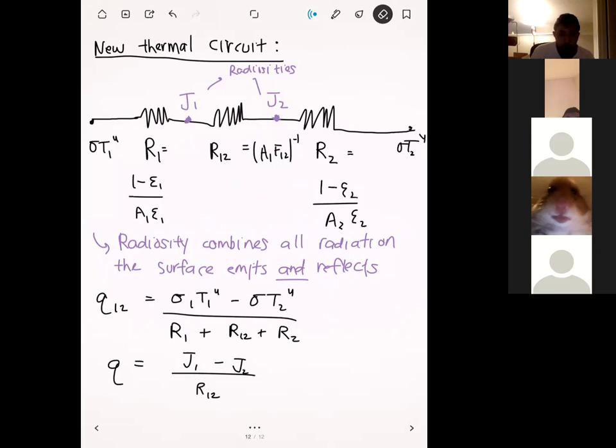I'll show you how to do that on the next page. Then we're going to do an example, and from there we'll wrap up for today. Any questions on this so far?